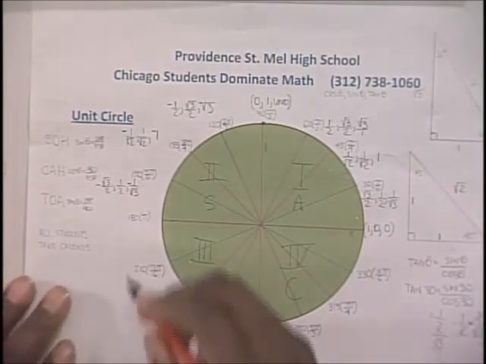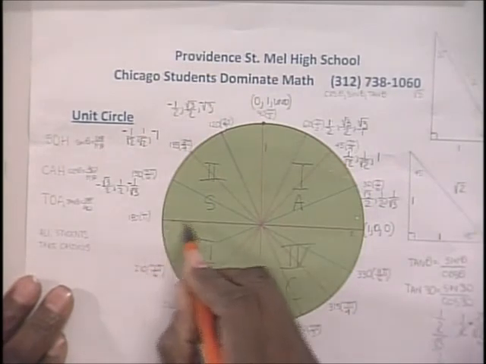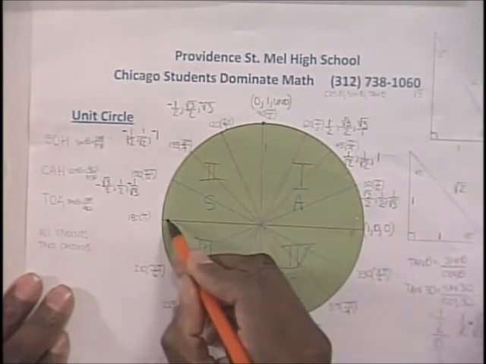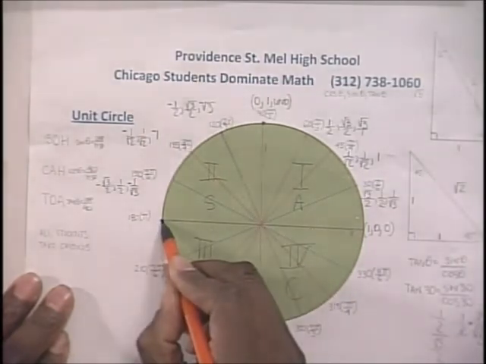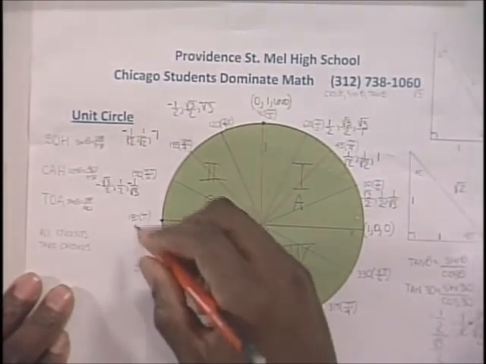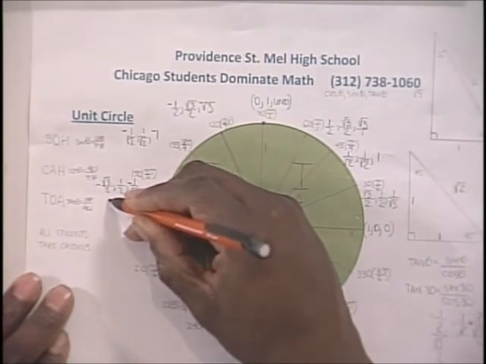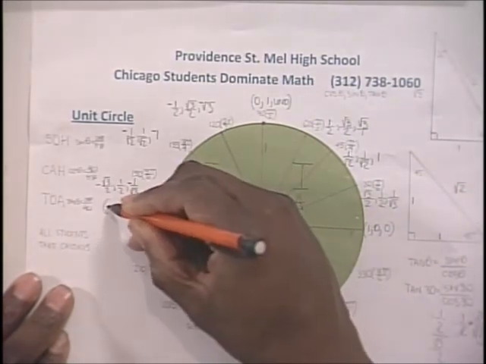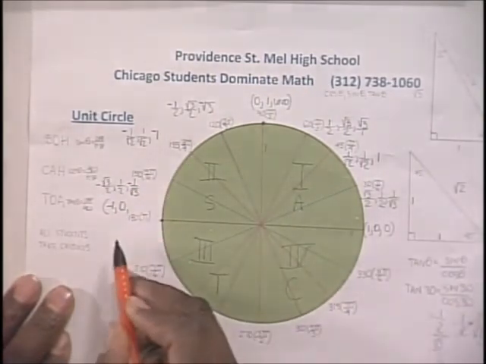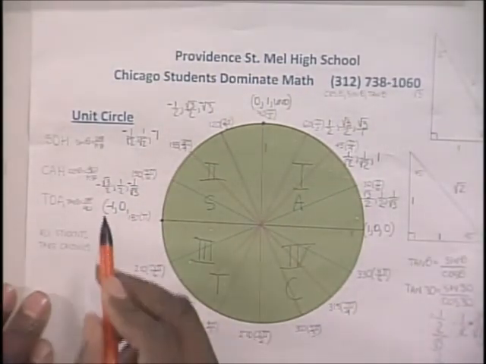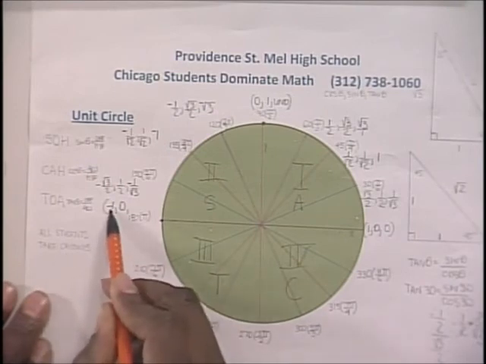Let's do one more. On the coordinate axis, if it's a unit circle, this is 1 unit. Excuse me, this point would be (-1, 0). The cosine of 180 degrees is -1.